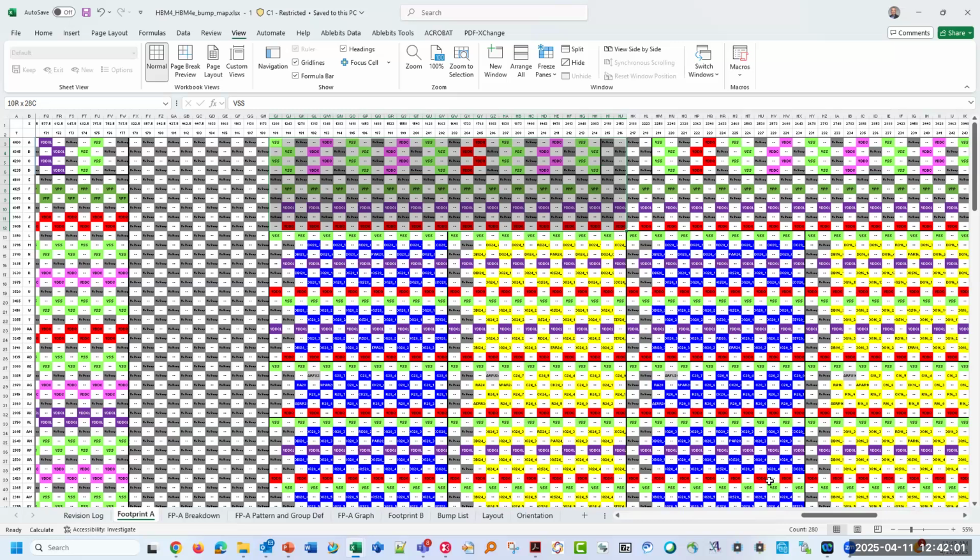Well, that's what the adaptive patterning does. Yes. But if you don't have adaptive patterning, when you're doing assembly and routing, you need to make sure your assembly equipment understands that and can deal with it.